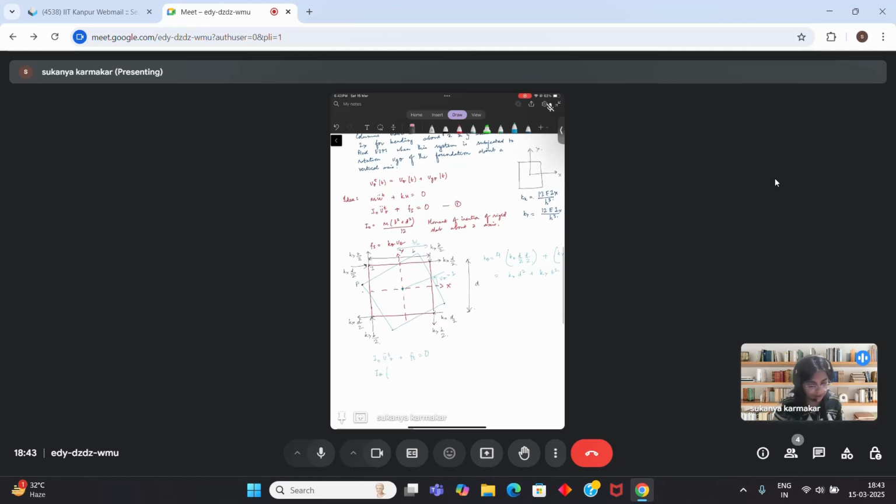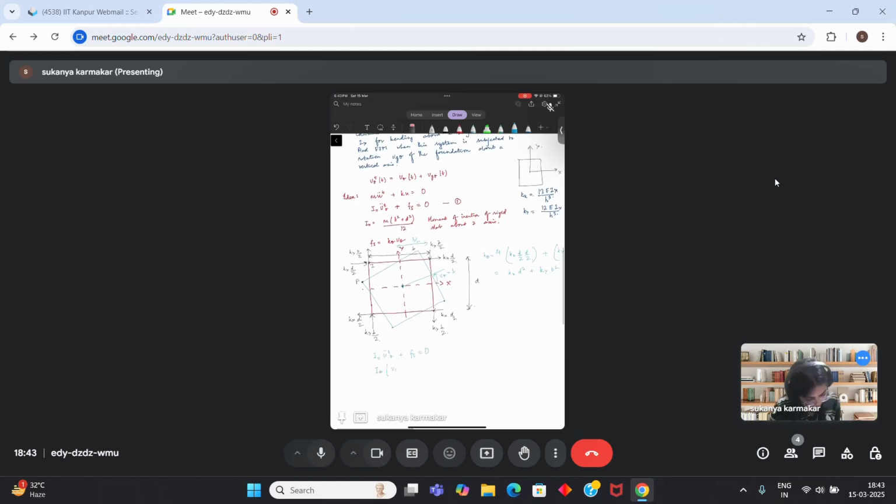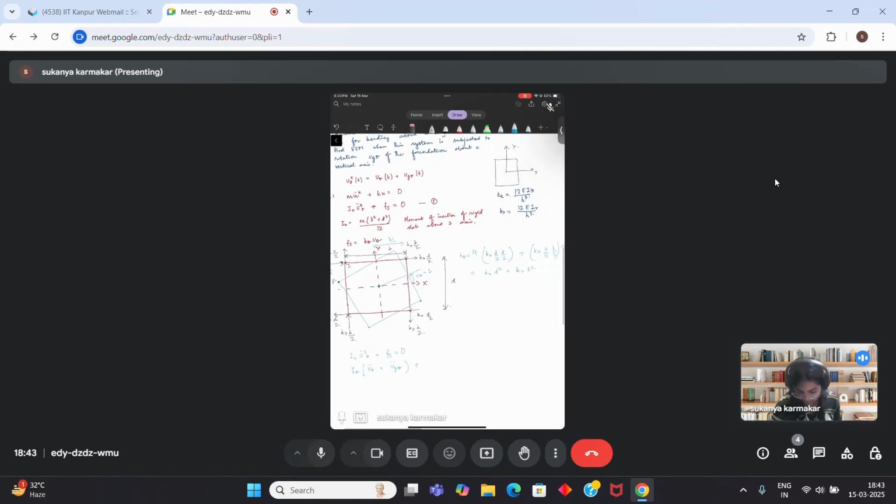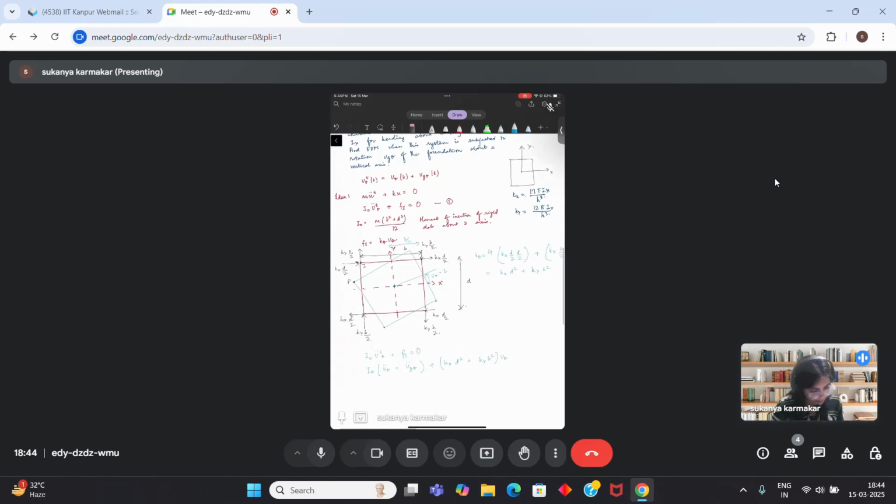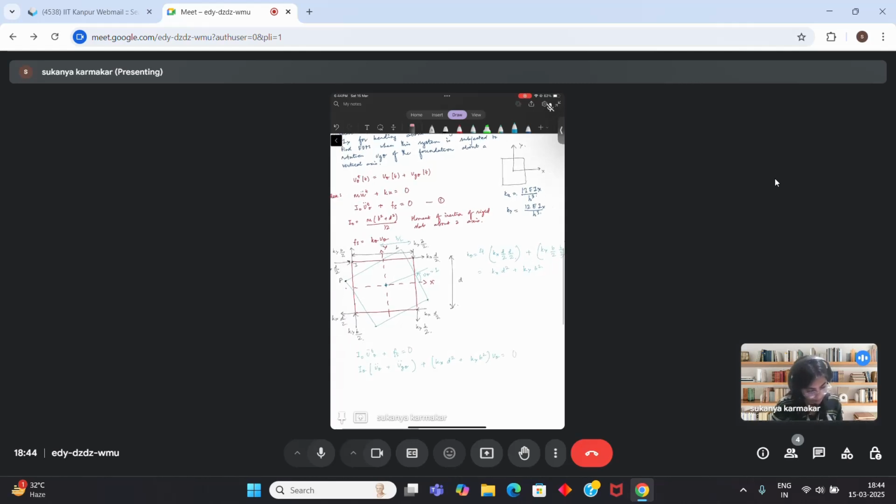U total theta double dot will be u theta double dot plus u ground theta double dot, plus fs is this term, which is kx d squared plus ky d squared, multiplied by u theta, and this will be equal to 0.